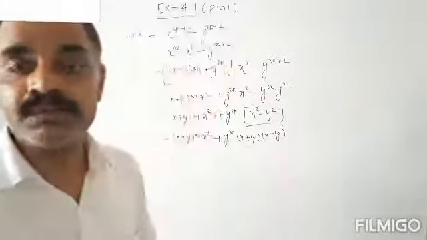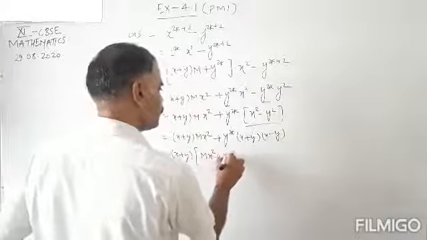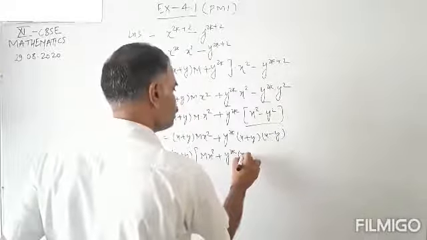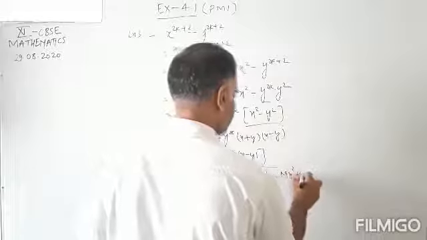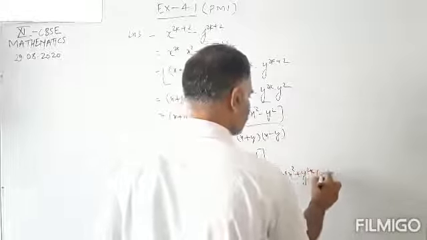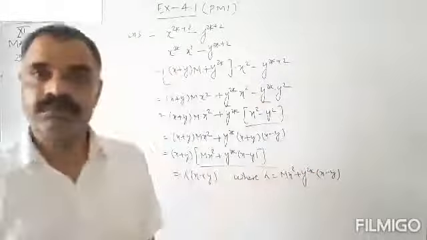Now taking x plus y as common, x plus y into mx square plus y to the power 2k into x minus y is equal to lambda into x plus y, where lambda equals mx square plus y to the power 2k into x minus y.